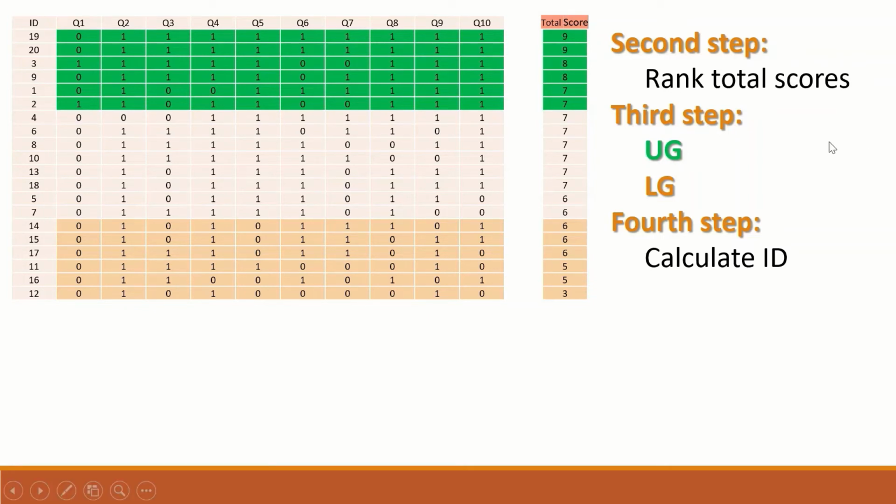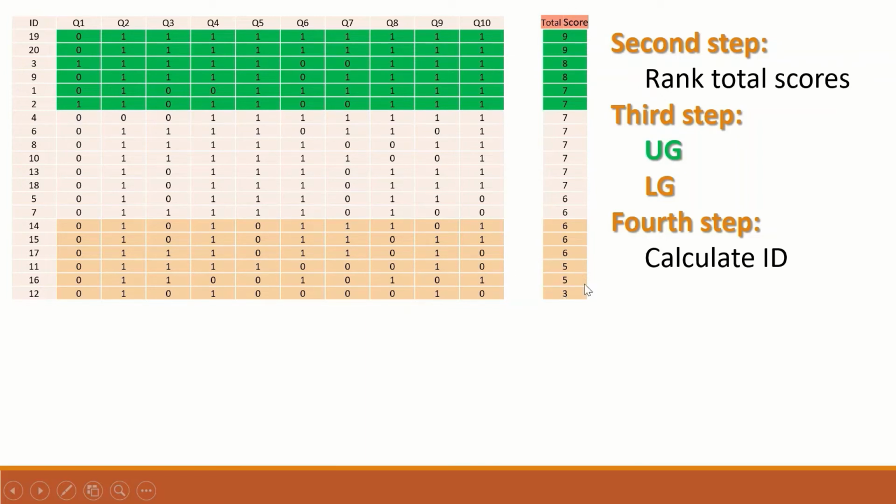Once this order is performed, the next step is to divide the students into an upper group and a lower group. The upper group represents the top 27% of the total scores, the students who achieved highly, and the lower group represents the lowest 27%, the students who scored lowest.